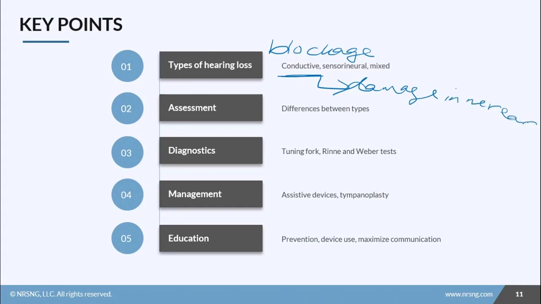And then mixed is a combination of the two, so they'll have partial conductive, partial sensorineural, and both will be occurring at the same time.